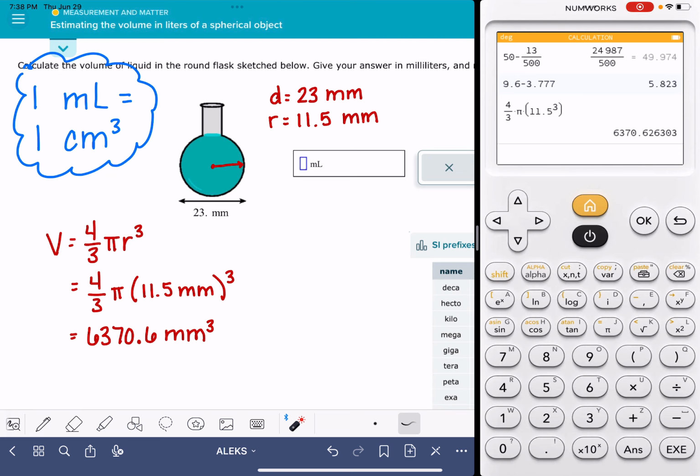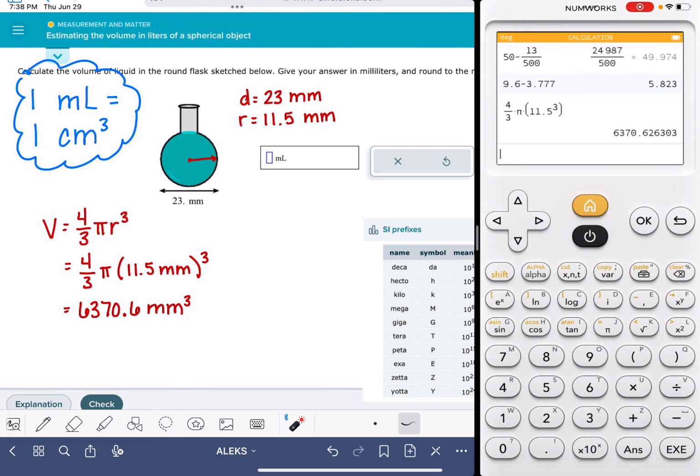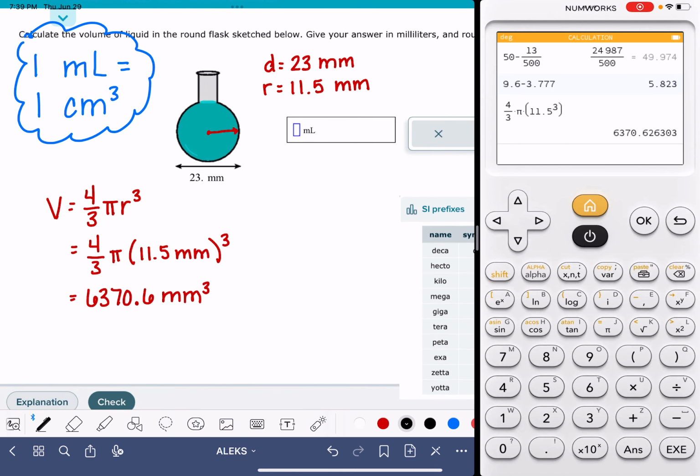So this conversion can be a little bit tricky, and this is going to vary a little bit based on what unit you're starting with and what unit you're trying to get to. But whatever unit you have, my recommendation is that you start with it and convert it into cubic meters.